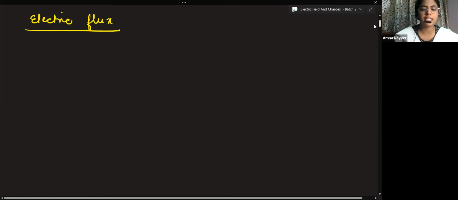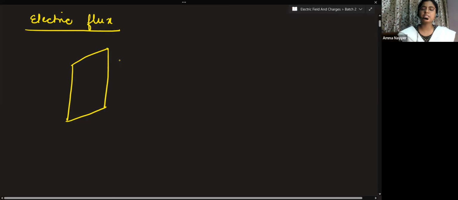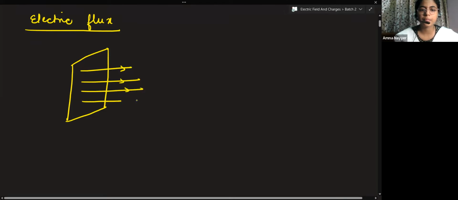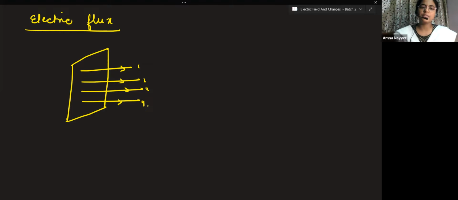See, if you have a surface with you, let's say this is a plane surface, and if I tell you there are 4 electric field lines passing through it. These are 4 electric field lines. We can count them: this is 1, this is 2nd, this is the 3rd one, and this is the 4th one. Now see what happens.